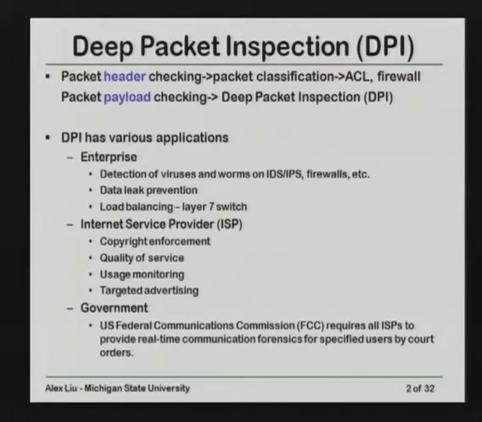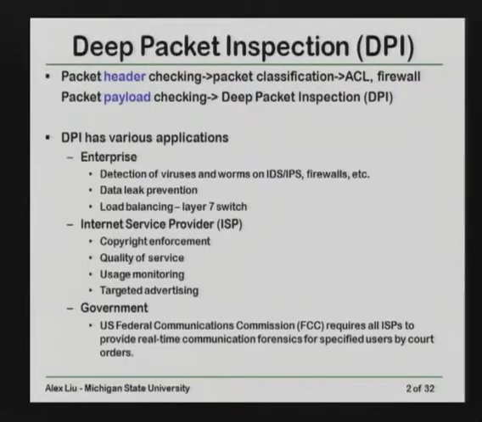It can also be used for load balancing in data centers, for example with layer 7 switches. Internet service providers can use DPI for copyright enforcement. If you are sharing copyrighted material or transmitting it over the network, they can figure that out using DPI. They can also use DPI for quality of service, figuring out what kind of applications are running and giving different priority to different applications.